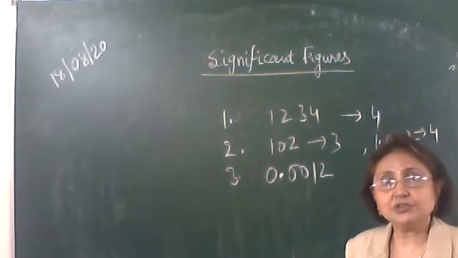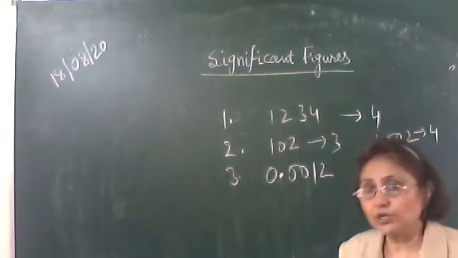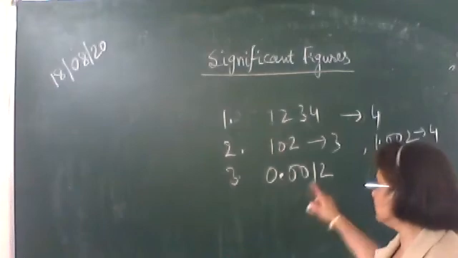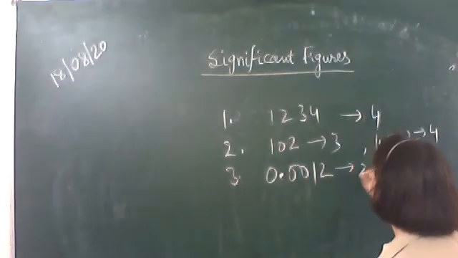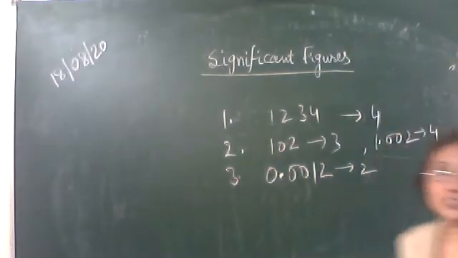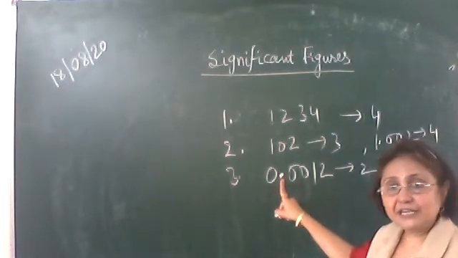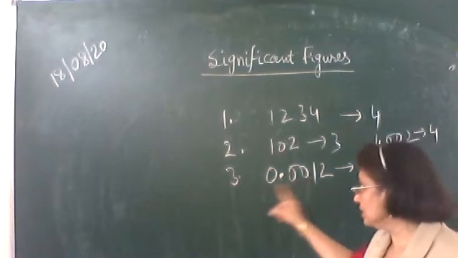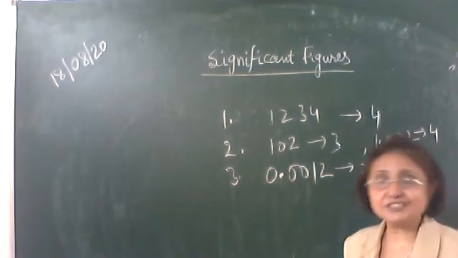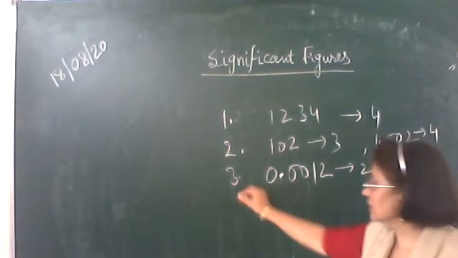These 3 zeros will be insignificant. We won't count them for the significant figures. So the number of significant figures in this measured value is 2. So if a number is starting with the decimal point, then all the initial zeros are insignificant. This is the third rule.